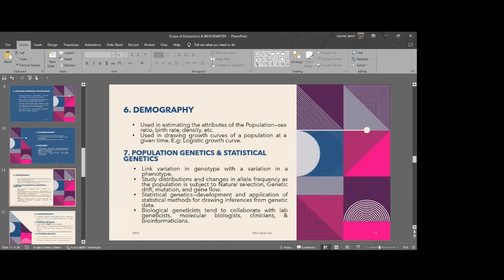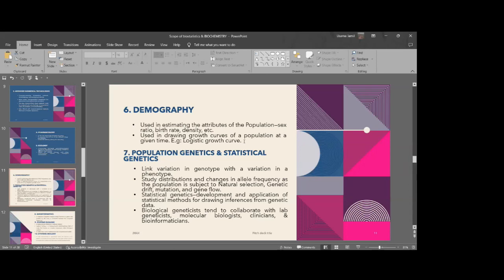Biostat is used in estimating the attributes of the population: sex ratio, birth rate, density, and in drawing growth curves of the population at a given time. The logistic growth curve is a type of curve to show population. If we do a census, we do analysis of different types of diseases occurring in a specific region. It all comes under demography.